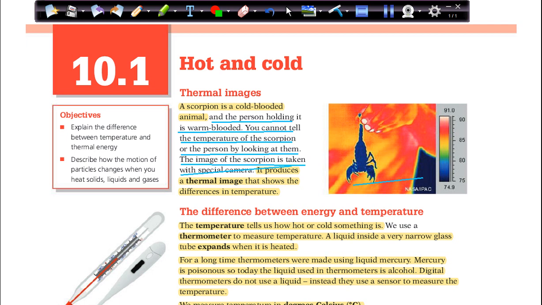This special camera produces a thermal image that shows the differences in temperatures. So this blue means it's cold. If you look at this scale, you can find the temperatures: 90, 85, 80, 75, 74.9. So the scorpion is maybe 74 or 74 and a half, 74.9.